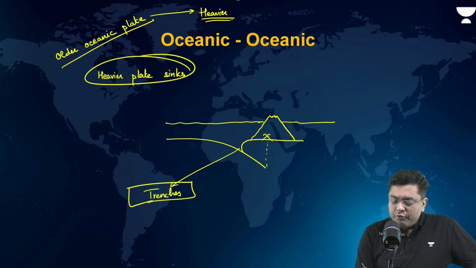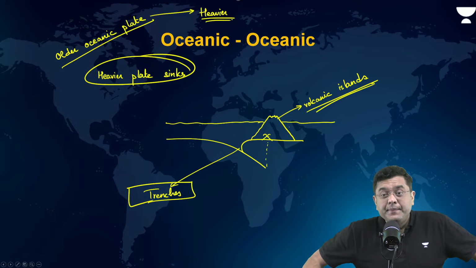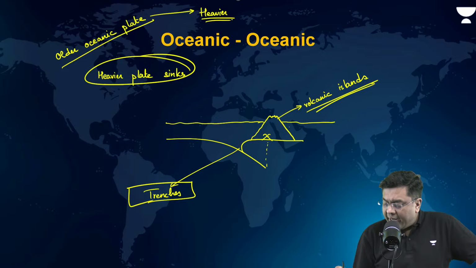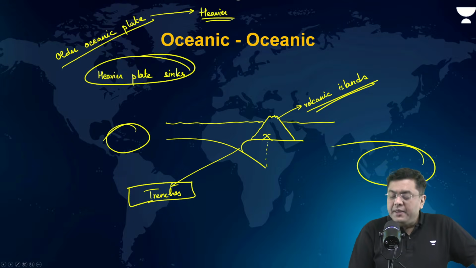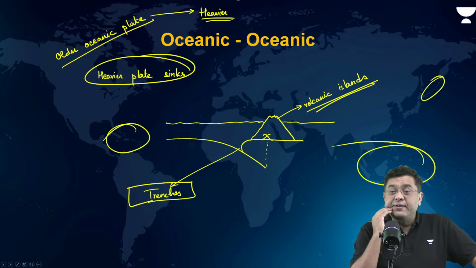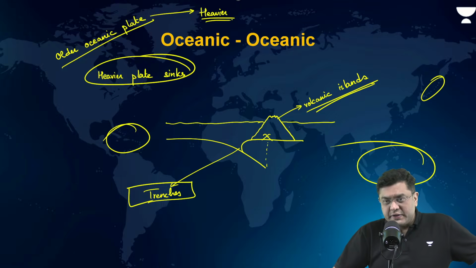It can create volcanic islands. Example, the region of Indonesia and Philippines. All the island chains in this area of Indonesia, Philippines, the region of the Caribbean, the region around the Japanese area, the Coral Islands, Aleutian Islands, they have been created because of convergence of oceanic crust with oceanic crust. In fact, even the Andaman Nicobar Islands have been created because of this convergence.